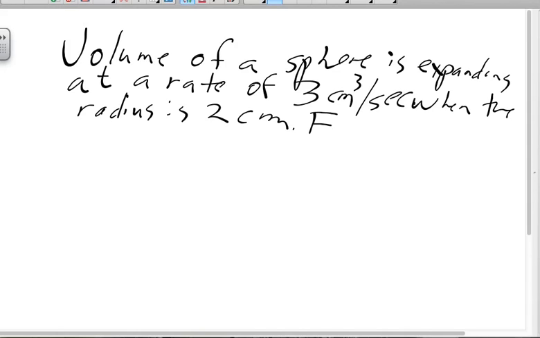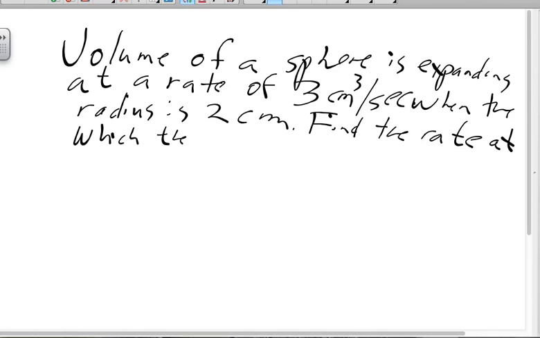Find the rate at which the radius is changing. And if they don't tell you otherwise, assume that the rates we're dealing with are time rates.